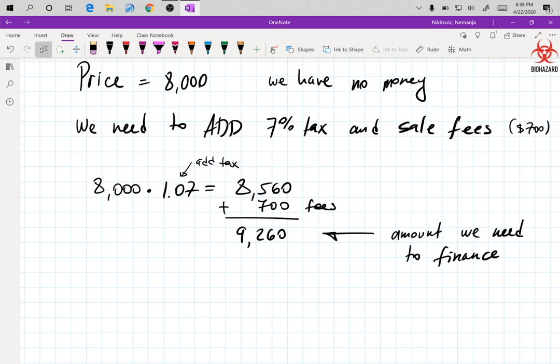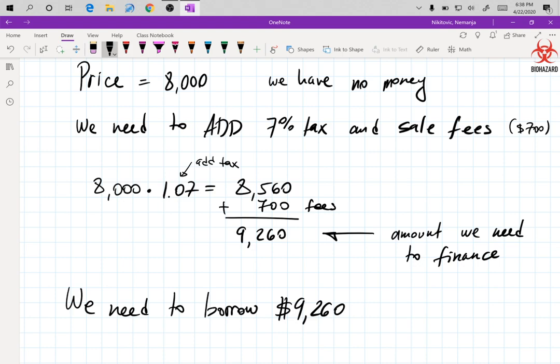So now here is where the problem begins. We need to borrow $9,260 at, let's say you have a good credit score, 4%, and you want to do that for 5 years.